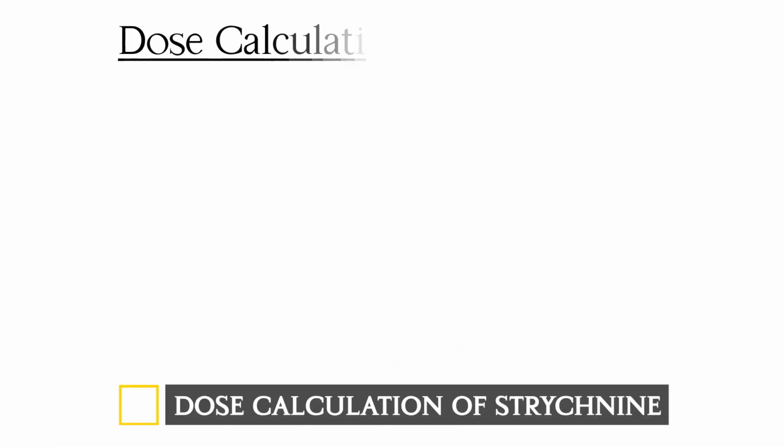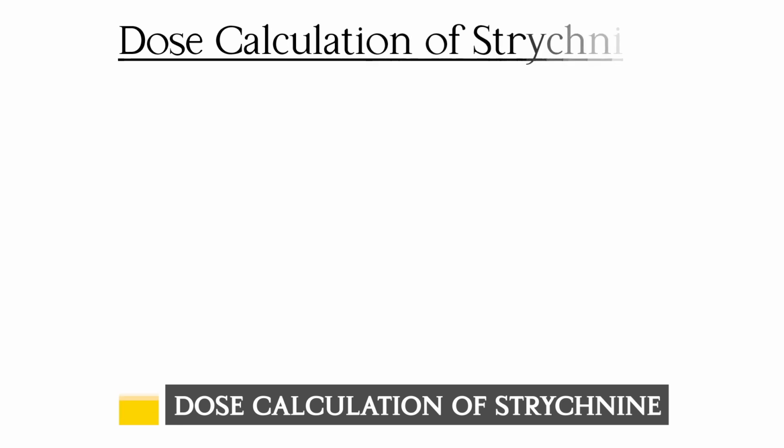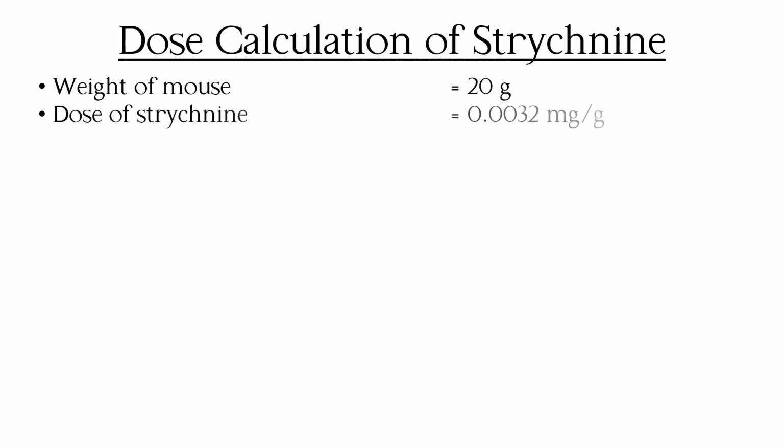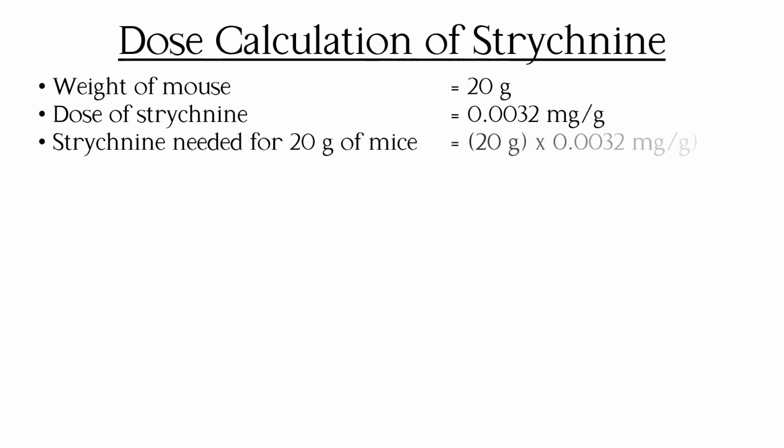Dose calculation of strychnine. Dose of strychnine is 0.0032 mg per gram. The strychnine needed for 20 grams of mice is 20 grams multiplied with 0.0032 mg per gram. So we get 0.064 mg.